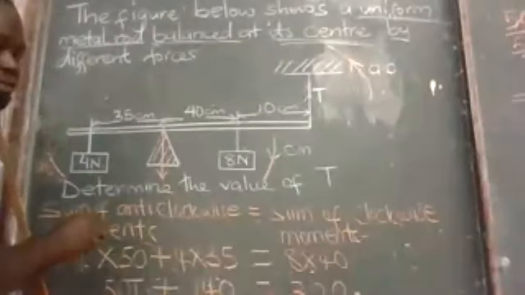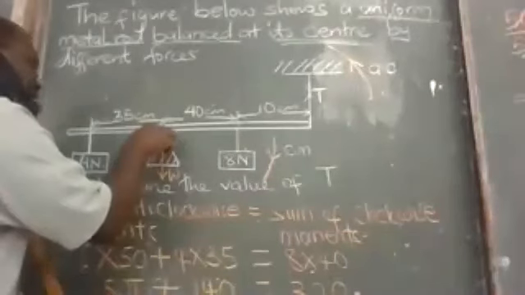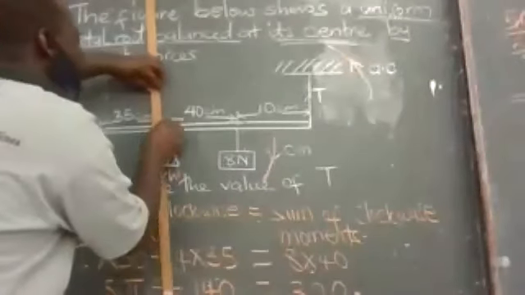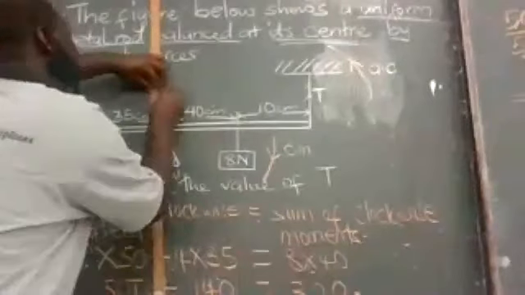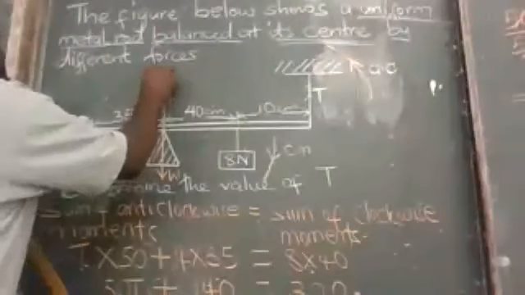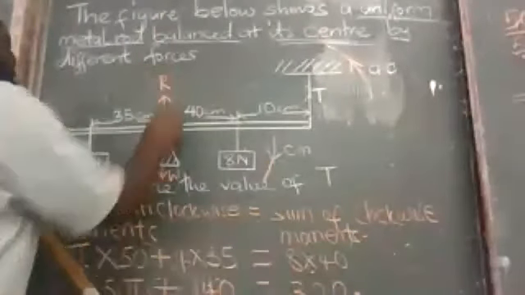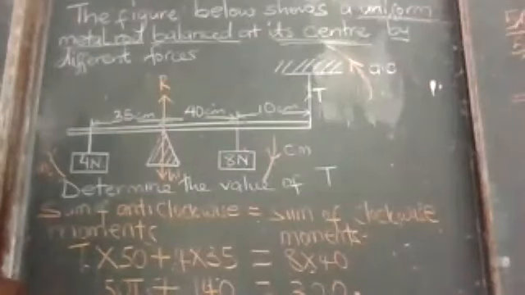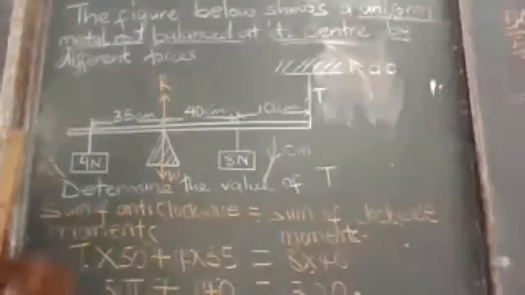Because of the weight of this meter rule acting at this point, there is an equal but opposite reaction acting in the opposite direction. So there is another force there, and it can be examined where they say determine the reaction at the pivot.